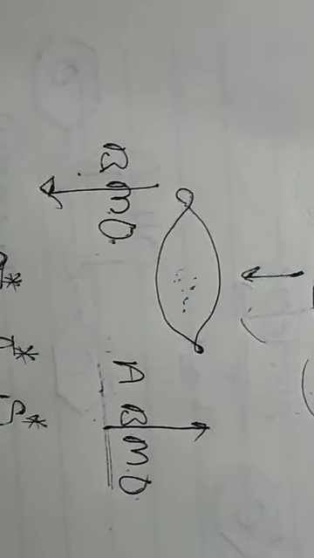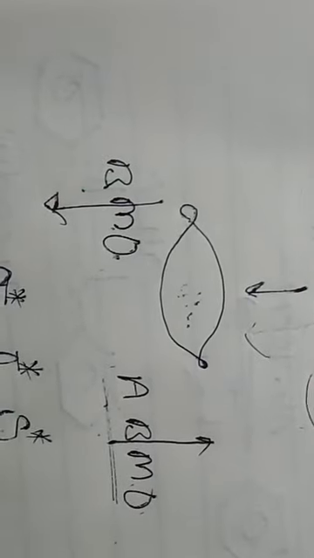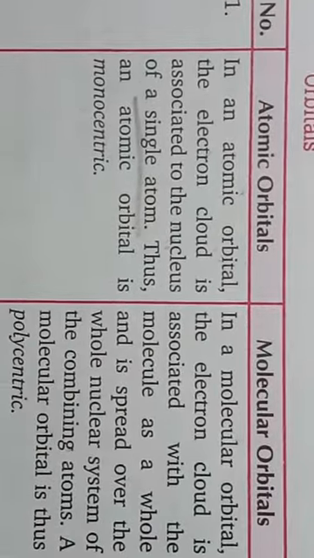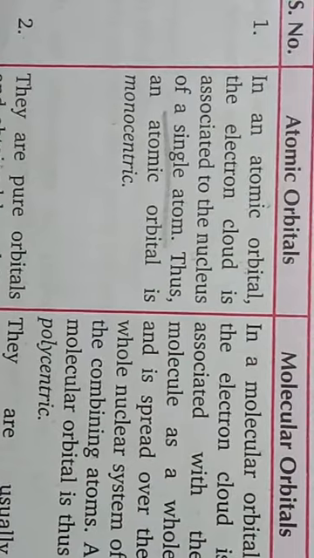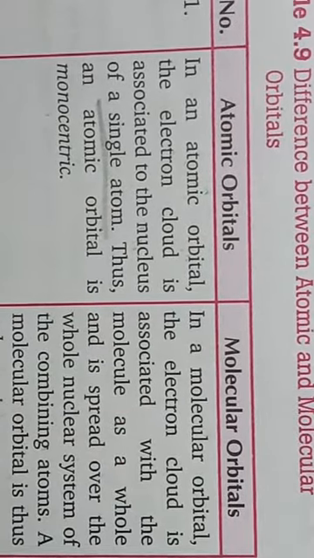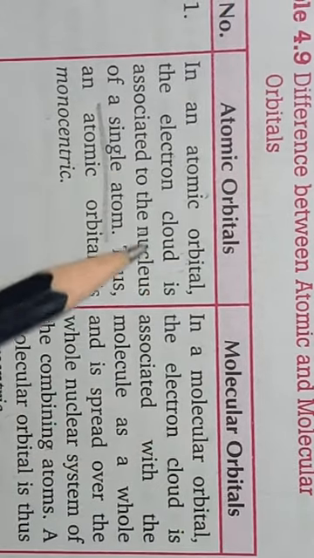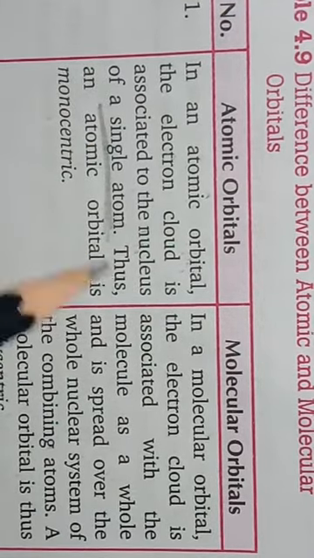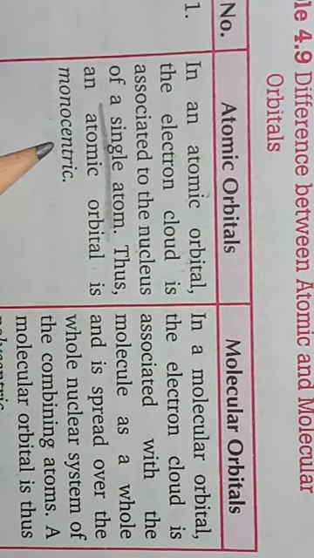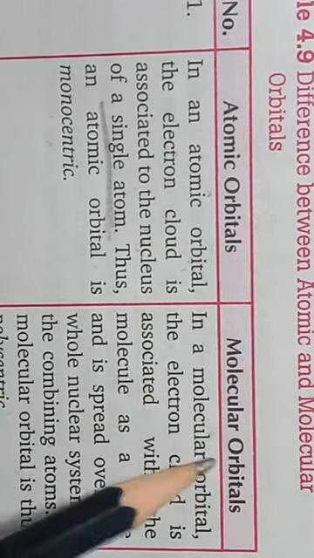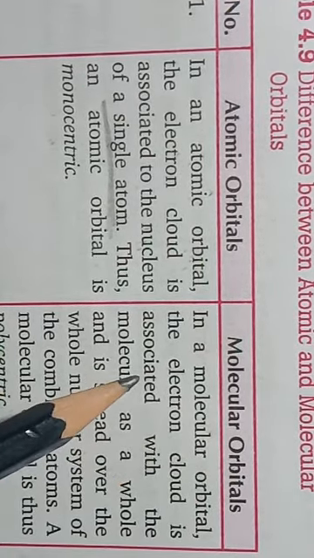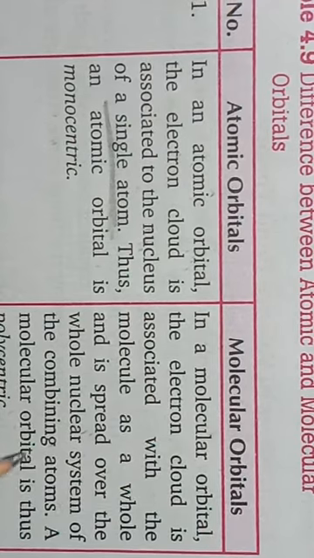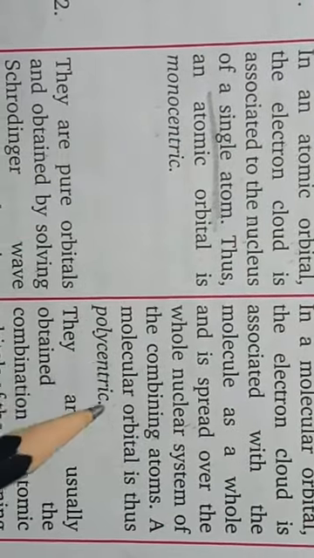Now we are moving towards the next heading, which is the difference between atomic and molecular orbital. As you can see, in an atomic orbital, the electron cloud is associated with the nucleus of a single atom. So an atomic orbital is monocentric, whereas in a molecular orbital, the electron cloud is associated with more than one atom, and that is why molecular orbitals are polycentric.